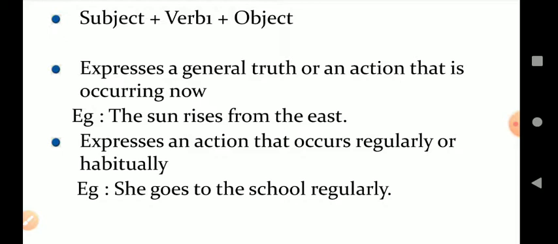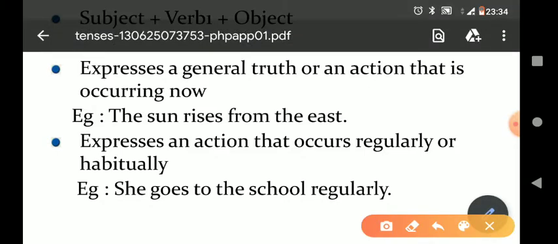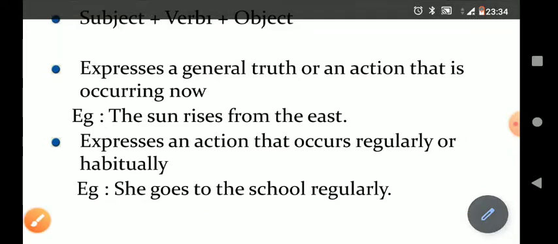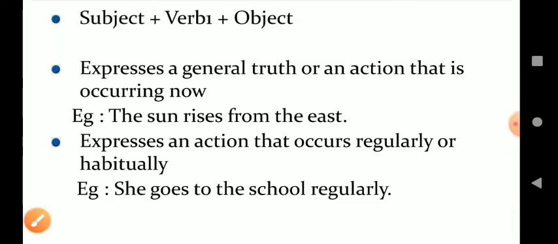It also expresses an action that occurs on a daily basis, like she goes to the school regularly. Here she is the subject, goes is v1, to the school is the object, and regularly is an adverb. I hope you are getting this.